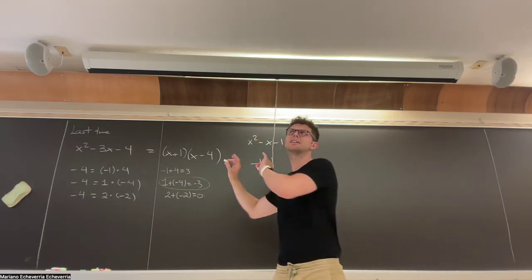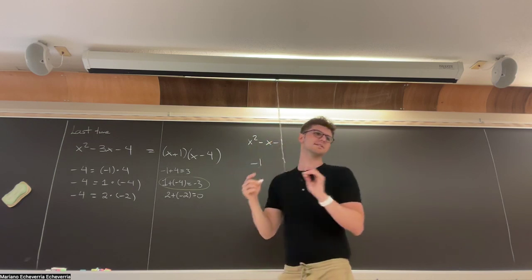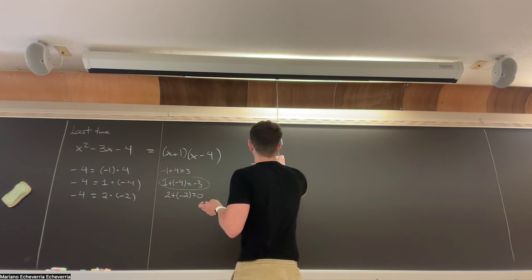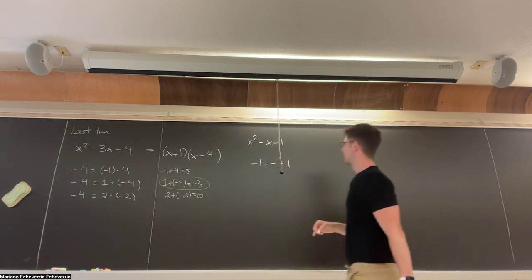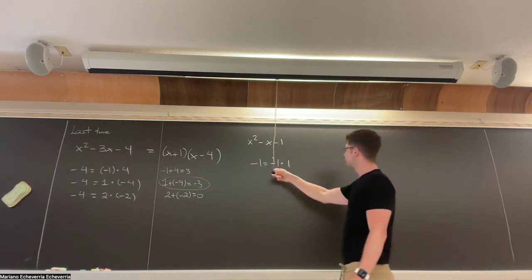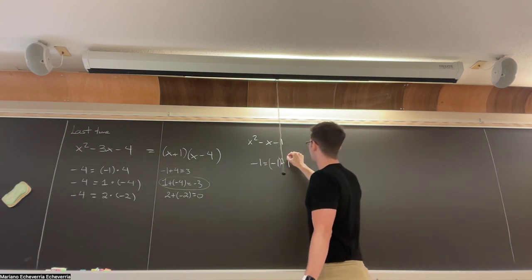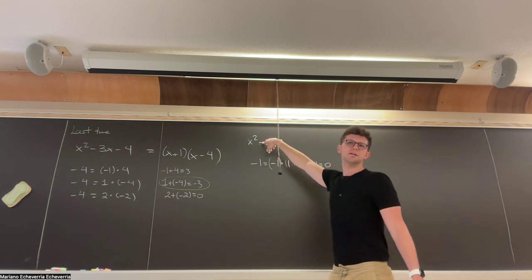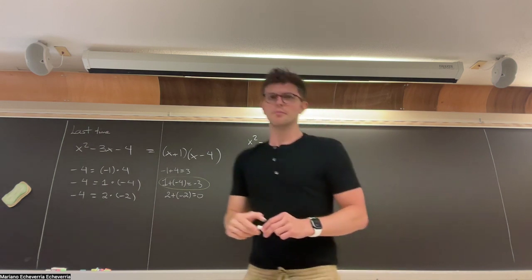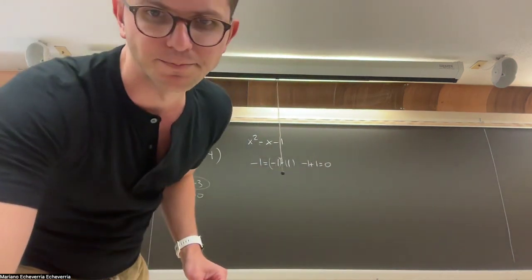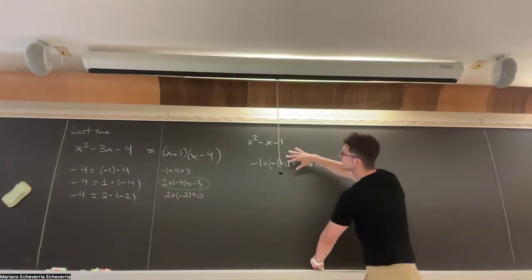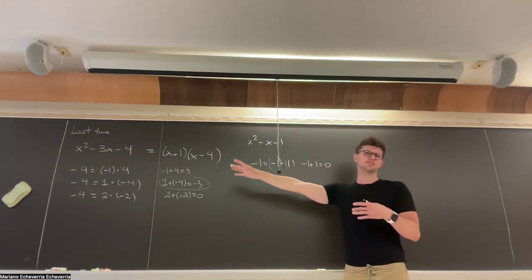The obvious way is -1 equals 1 times -1, which seems to be the only good option. But if you add them together, you get -1 plus 1, which is 0. So there doesn't seem to be a really good way to make that work. This is an example where this method is not super useful.